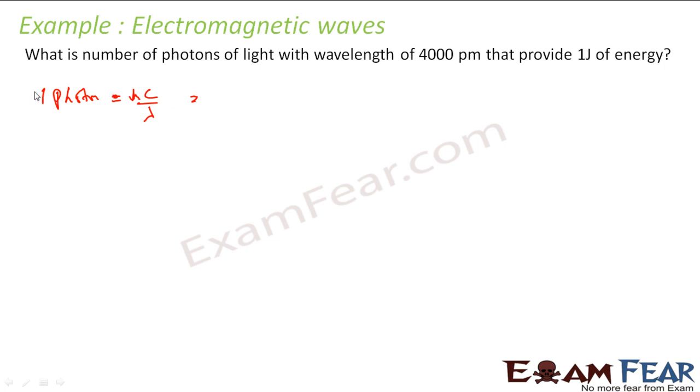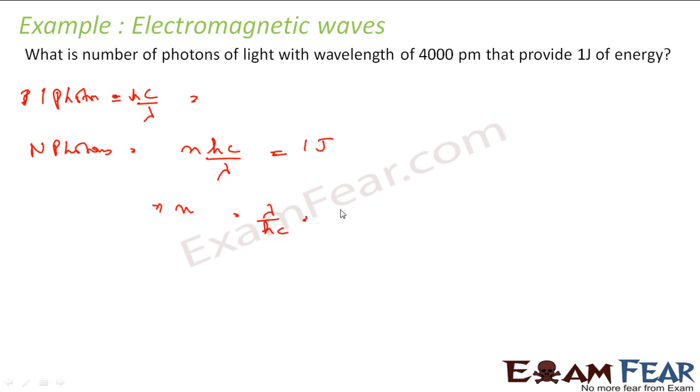Now n photons will provide n hc by lambda energy, and that is equal to n times 1 joule. We have to find the value of n, so n is nothing but lambda by hc.